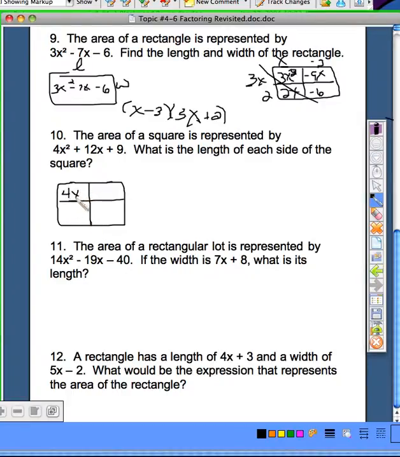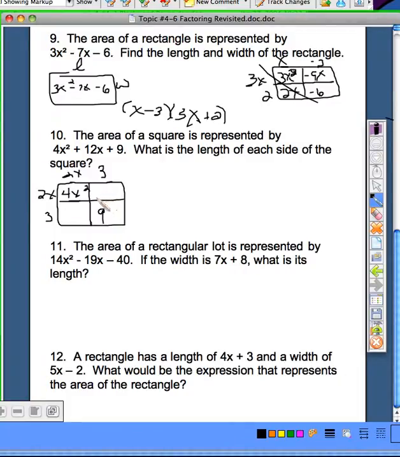So we have 4x squared and 9. Okay, the only way for these dimensions to be the same is if this is 2x times 2x. Okay, the way to get 9 would be 3 times 3, and that's two factors.